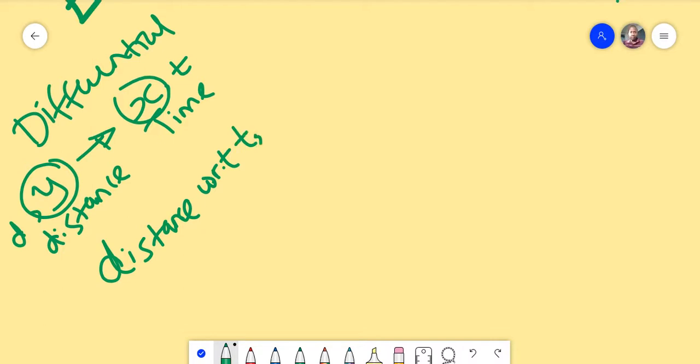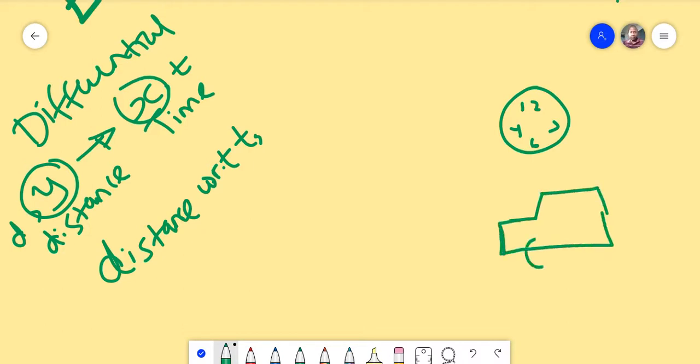That means as time changes, so this is a clock, for example, you are traveling in a vehicle.